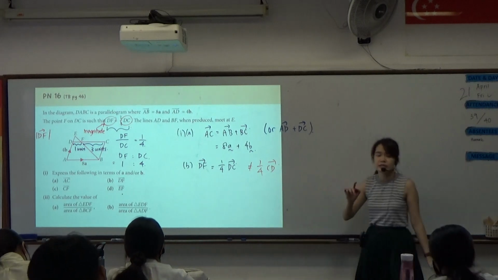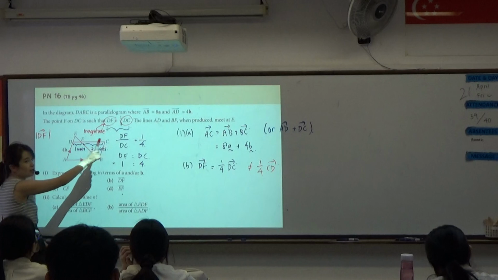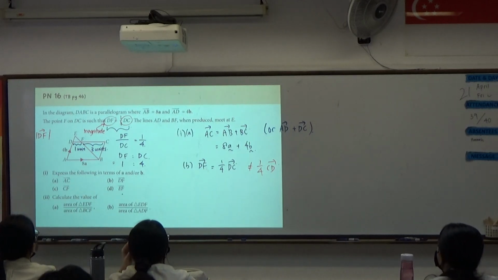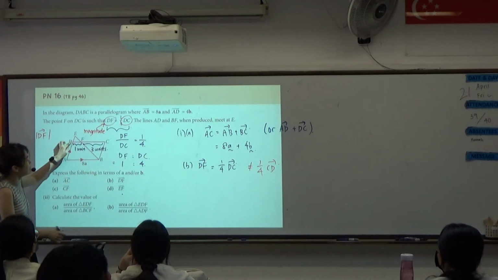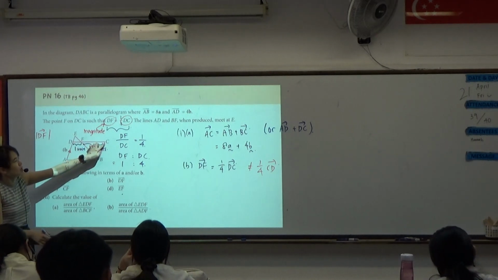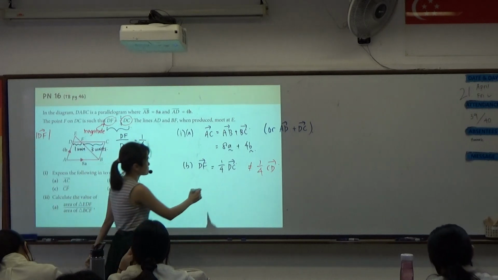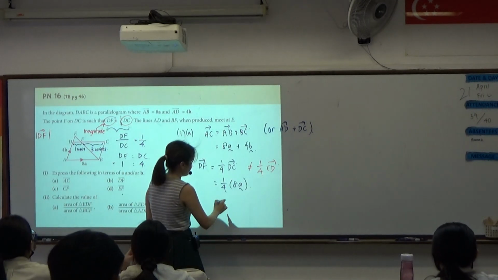Because it is not all the time that the question, when they give it to you in this manner, is in the same direction. So you might need to do some adjustment in terms of direction on your own. DC, we know that it is a side of the parallelogram, which is the same as AB. So therefore, that is 8A.